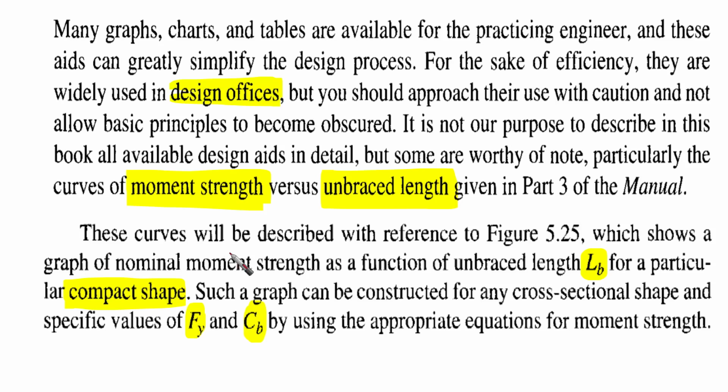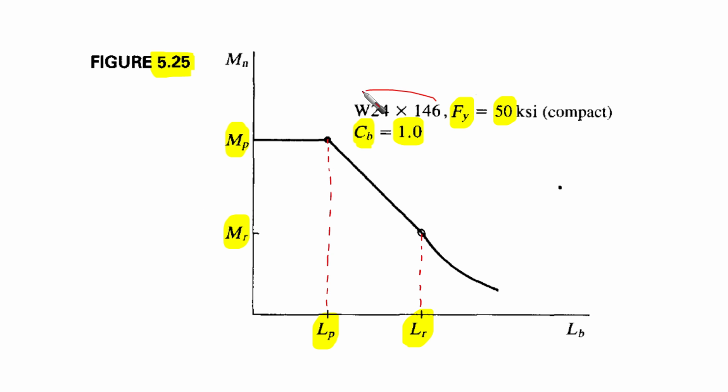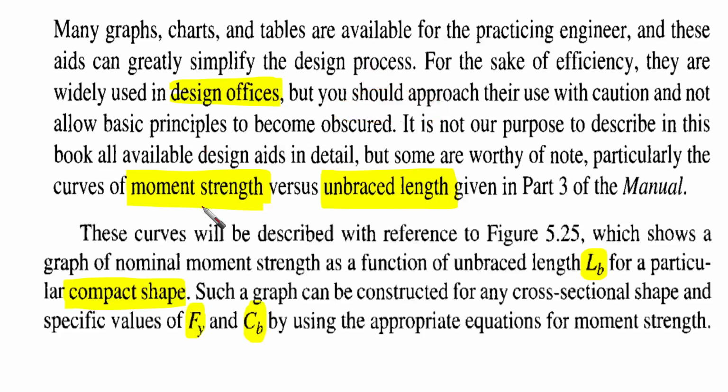These curves will be described with reference to this figure, which shows a graph of nominal moment strengths as a function of unbraced length, which is LB, for a particular compact shape. So this is a compact shape, and the horizontal line, as you can see here, denotes MP.